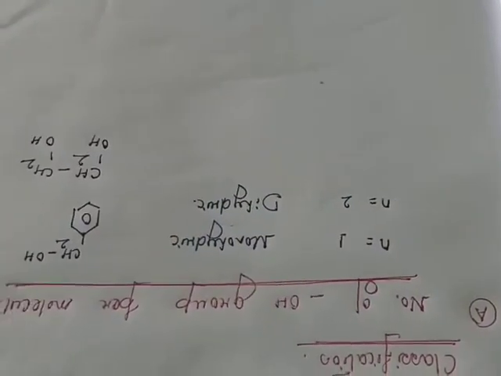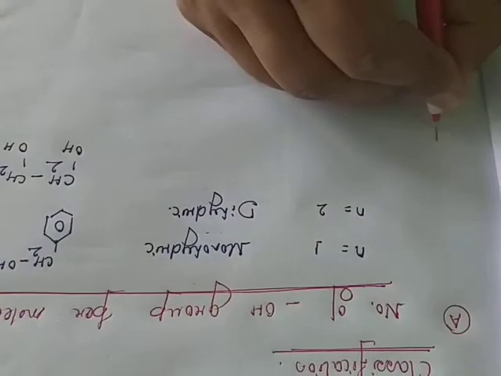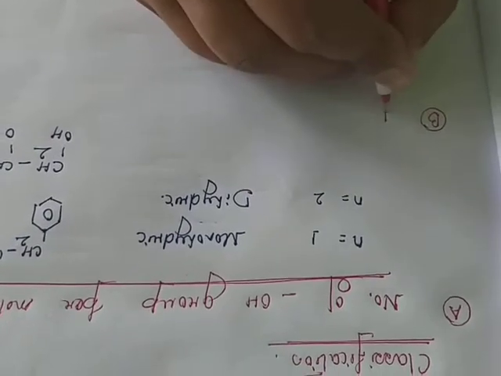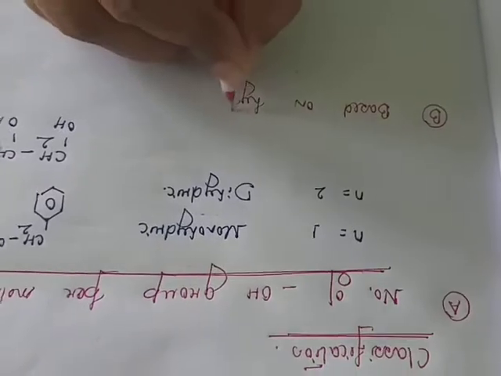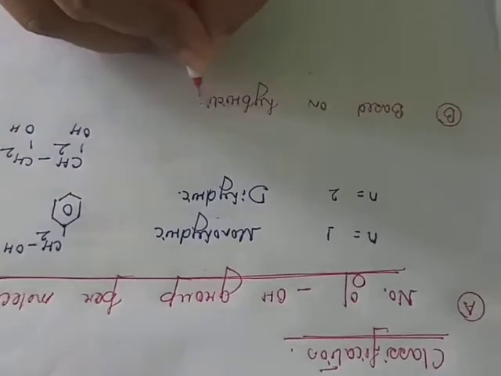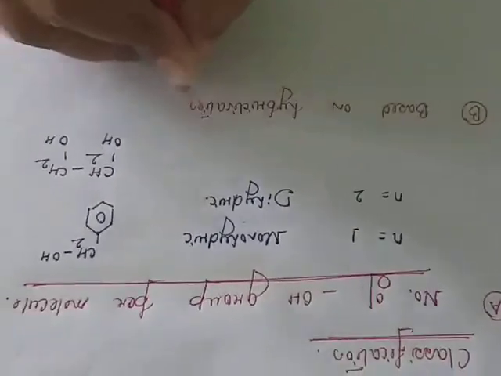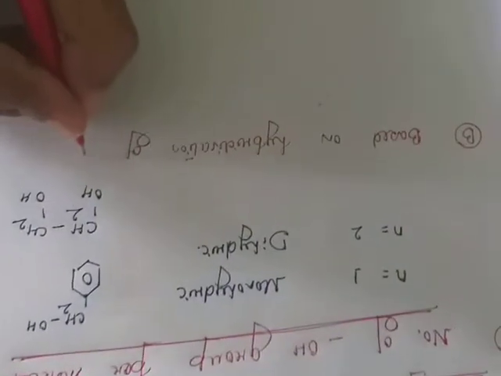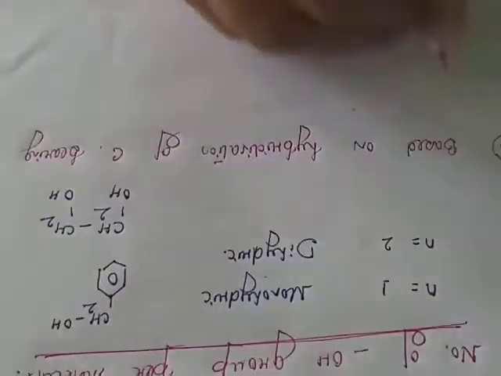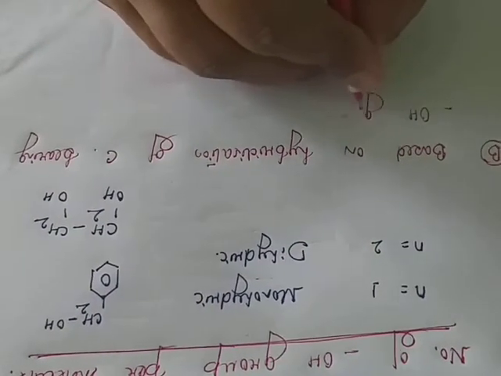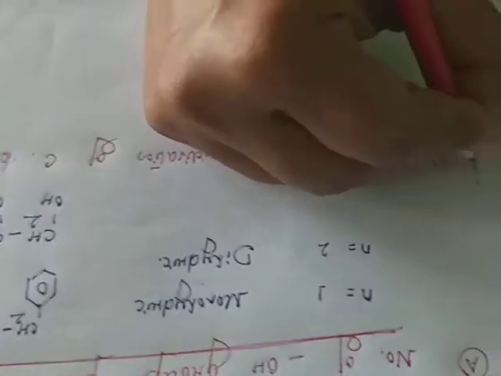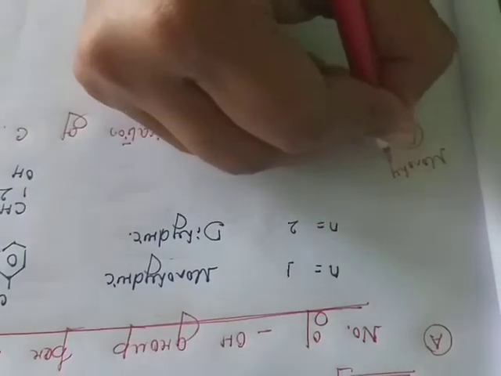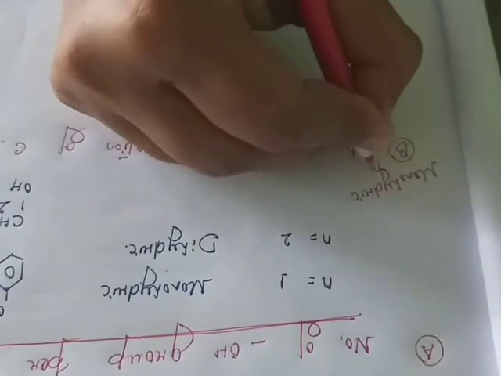The second basis is based on the hybridization of the carbon bearing the OH group. Especially this is a category, what I am doing, that is restricted to monohydric alcohol.